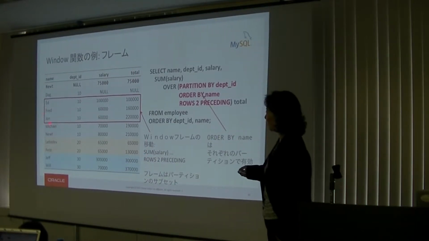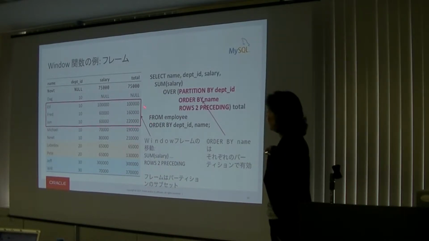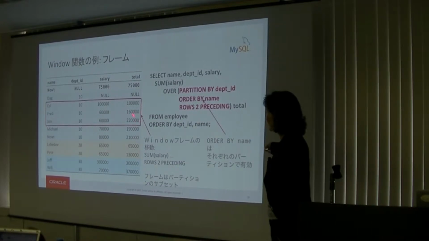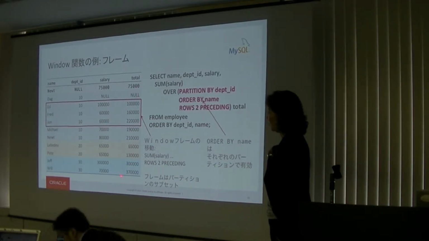So if we are at June, the frame would be the 2 preceding rows, which are Ed and Fred. And the total for June would be the total in this frame. And this frame moves as we move down the list.